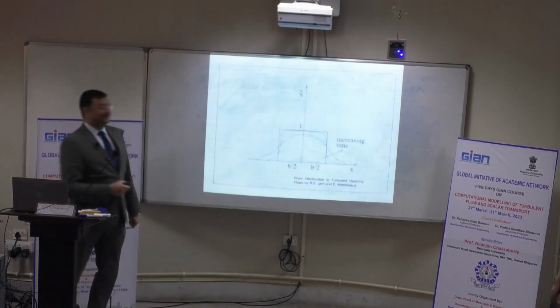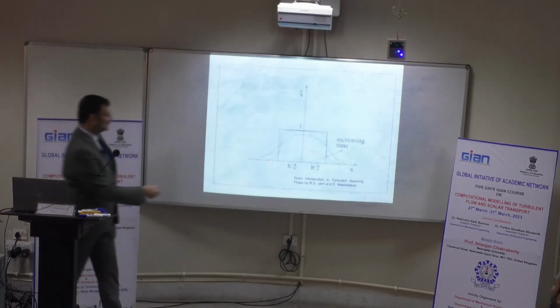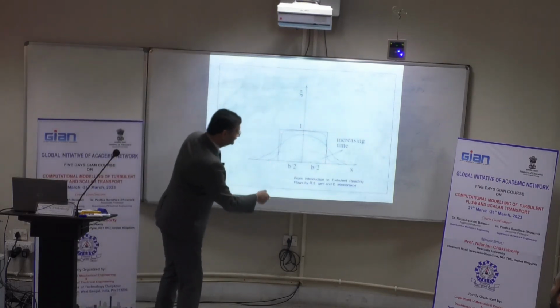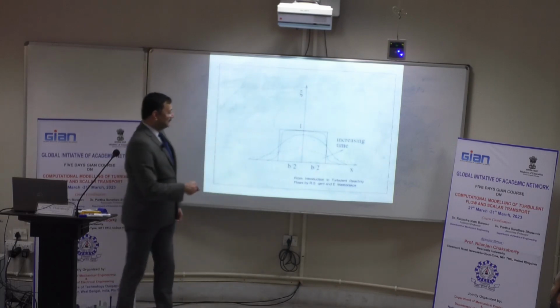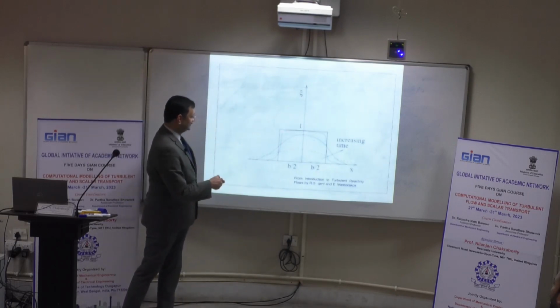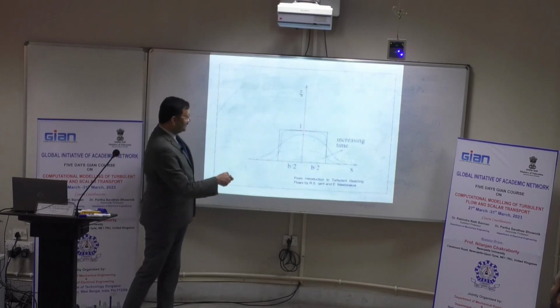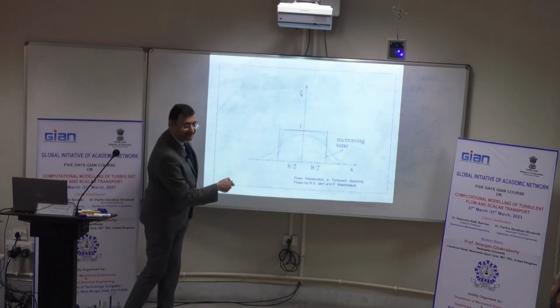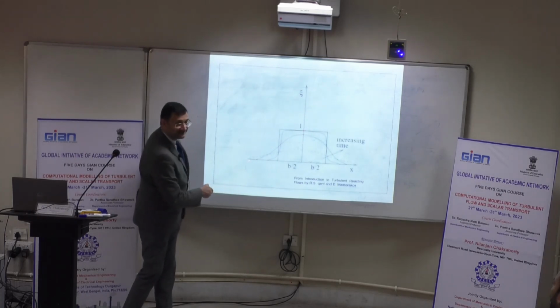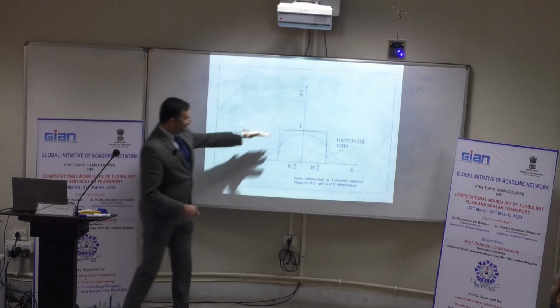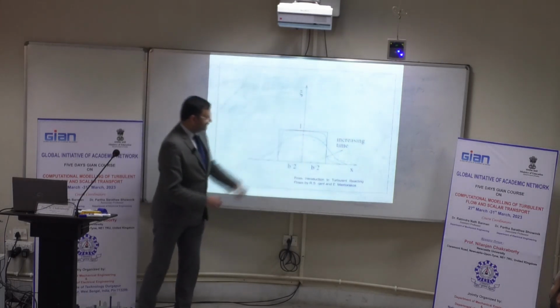So this is what you started with. As time progresses, this is first going to look like this. As time progresses, the maximum concentration will come down. This will spread, and eventually this will come down further.